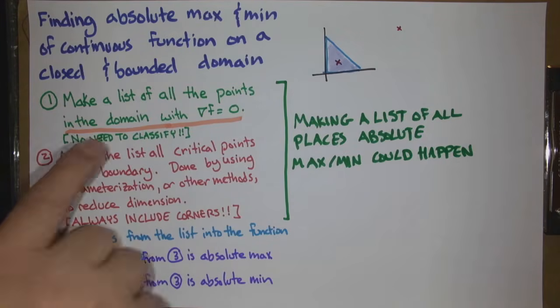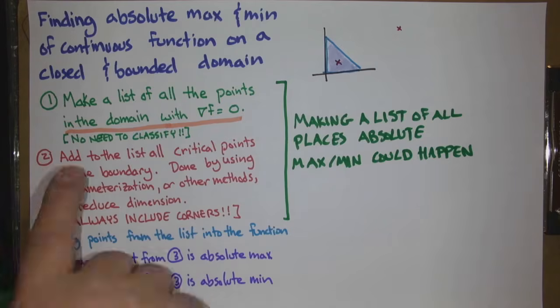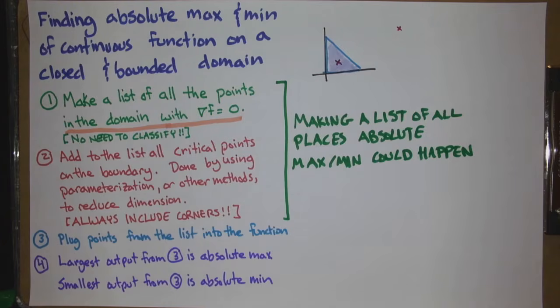So just be careful. There's a little note here that says, hey, you remember that stuff we talked about last time, where we talked about, hey, classify, take this fxx fyy minus fxy squared? Don't do that. It's not needed at all.